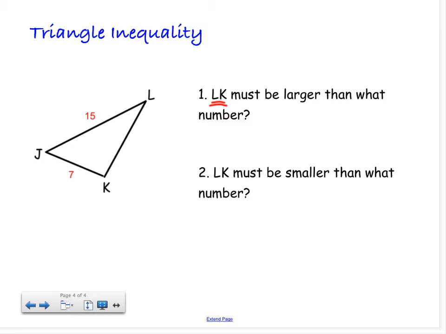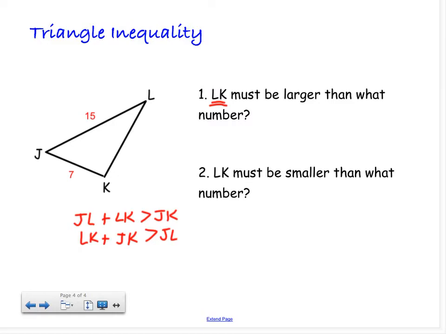Okay, we could say JL plus LK must be greater than JK. Okay, that's one, saying that the 2 sides must be greater than the third side. Let's say another one. Let's say LK plus JK must be greater than JL.